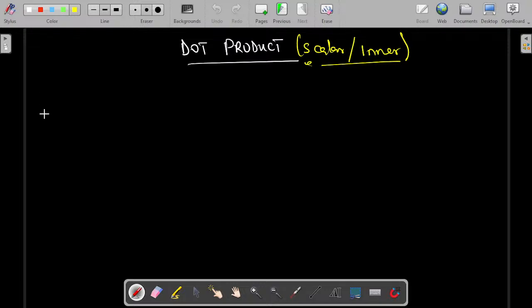Now, how do we take the dot product of two vectors? First of all, you should note that dot product only happens for vectors of the same dimension.